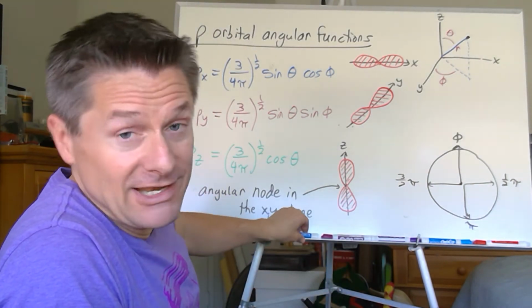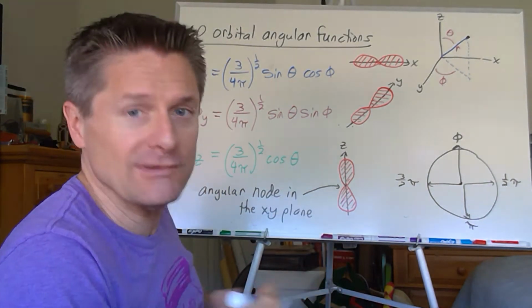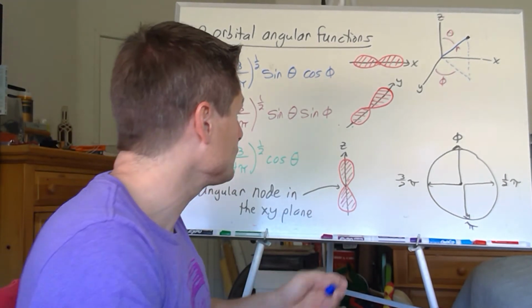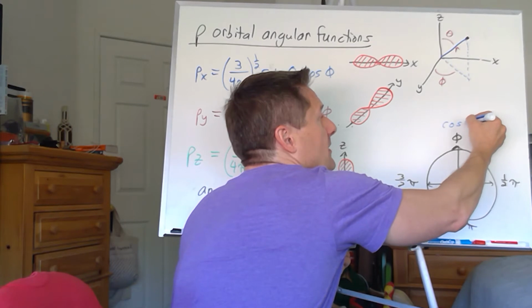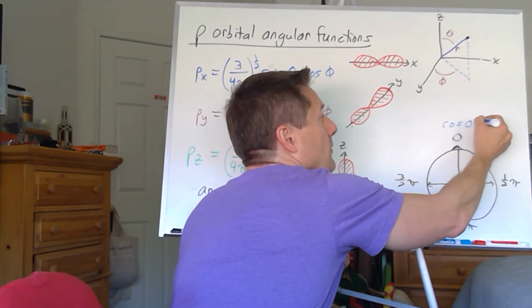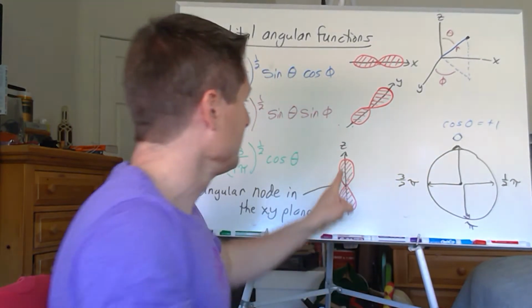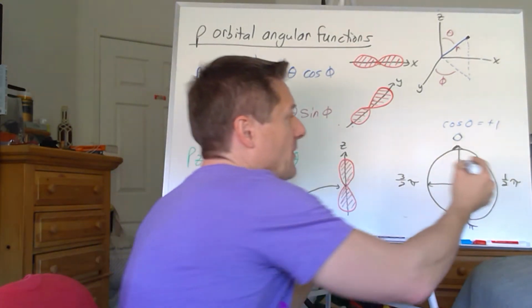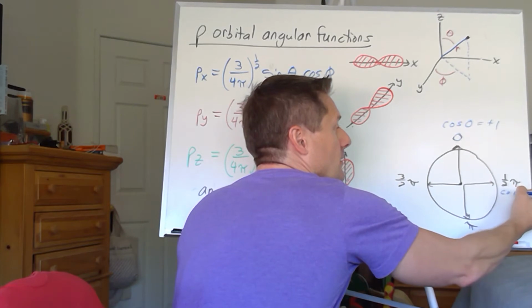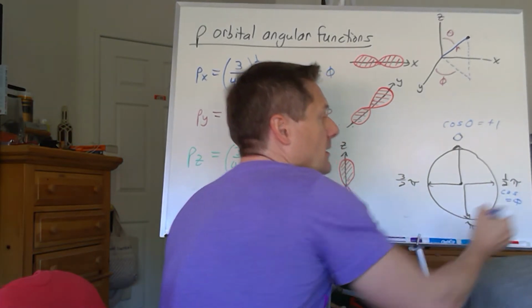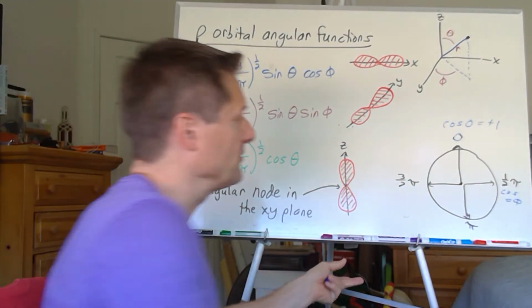But if you're into the cosines and sines, the cosine of 0, let's just call that 0 here, would be +1, right? So heads up there. Here, the cosine of this is 0. So the probability goes to 0.